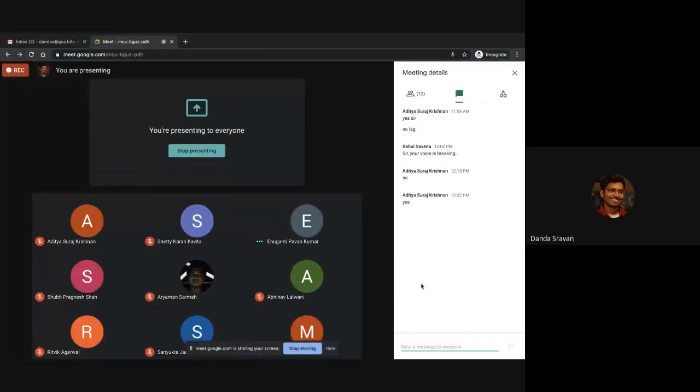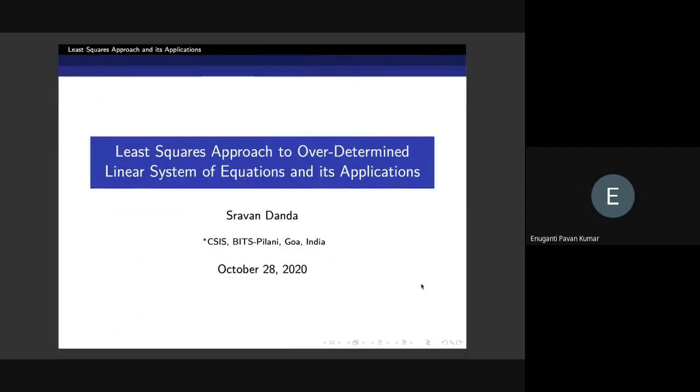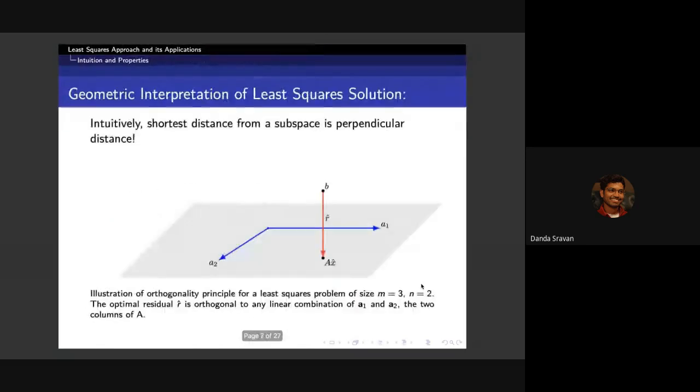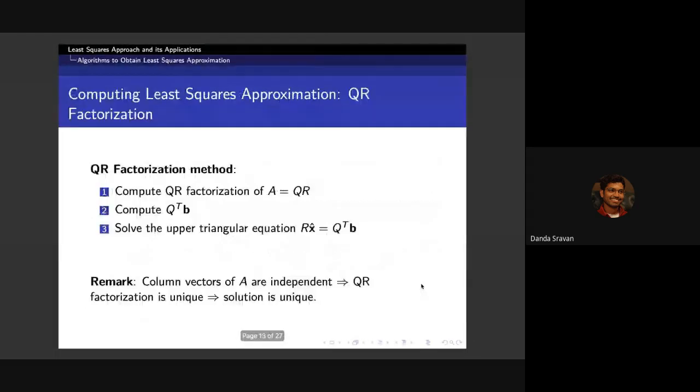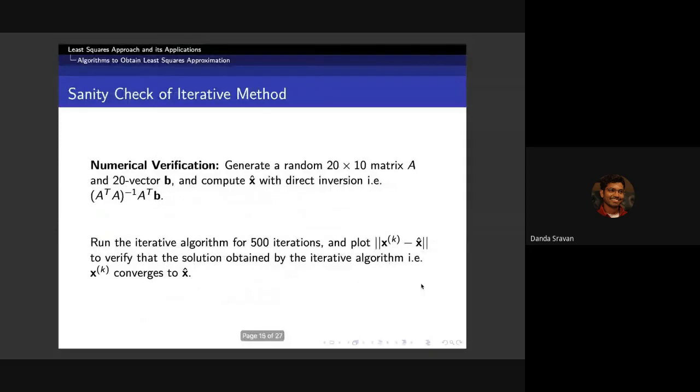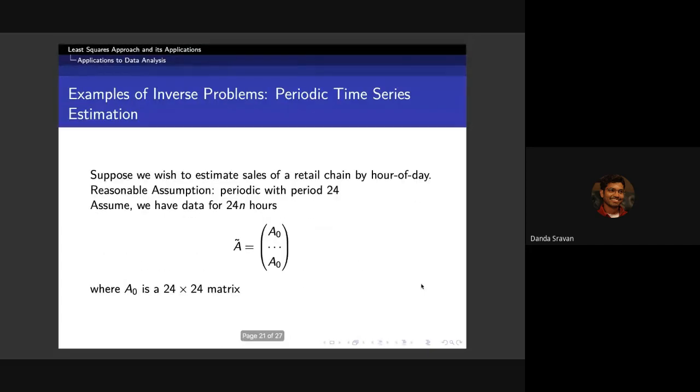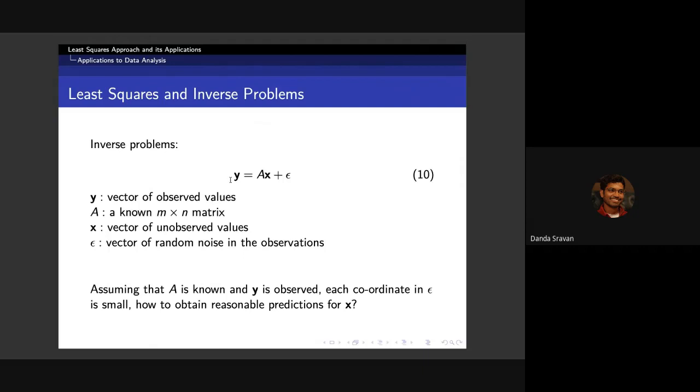Excuse me, can you go to that sales example once? Can you just explain the problem statement once? Okay. Recall that my inverse problems are of this form.